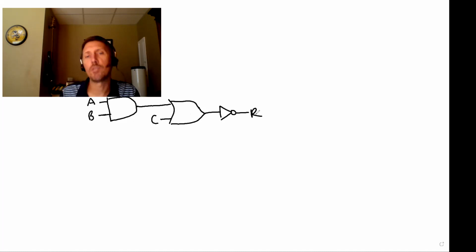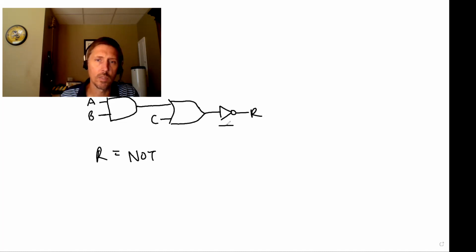Suppose I gave you a diagram like this and said, give me a truth table for this. Let's write it down not using the symbols, just using the words, like we learned a minute ago. You have to go backwards. R equals NOT, because that's what this symbol represents, and we'll put everything we're NOTting in parentheses.